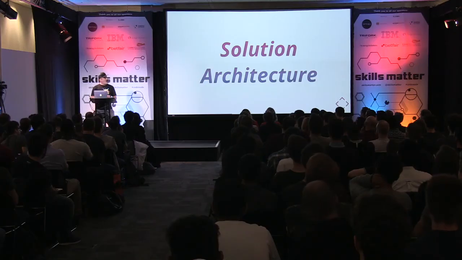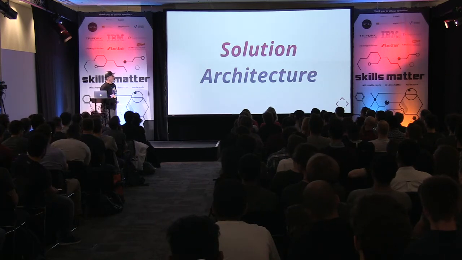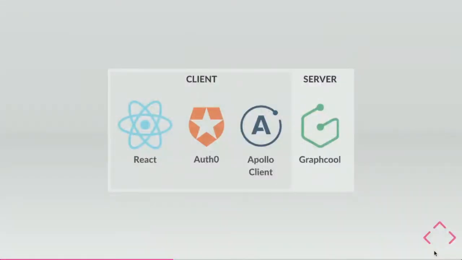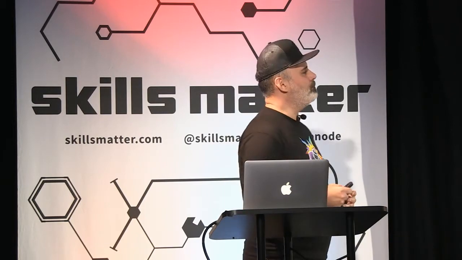So I built this app, as you have seen. Let's see the architecture. The architecture is going to be using React. For user authentication, I'm using Auth0, which is quite easy to plug in. Then on the client side, I'm using Apollo Client.